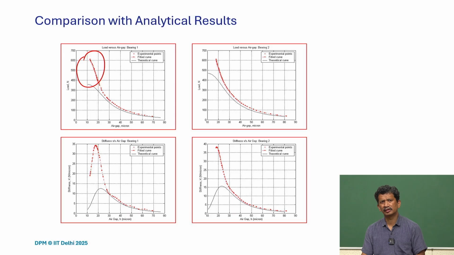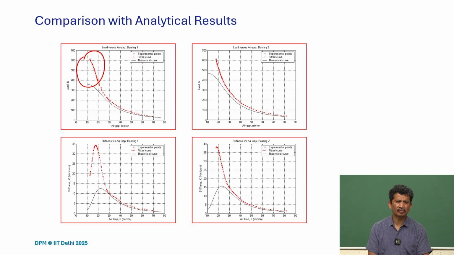In our case, we realize that although we assumed the specimen is flat, after careful measurement the bearing is actually not flat, but has some convexity. It's on the order of a micron only, so it's not apparent to the naked eye, but with careful measurement, that's what we realize.